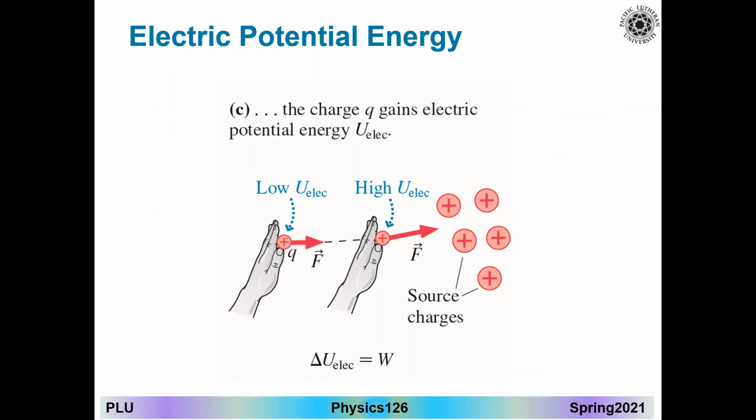Let's move the positive charge from a certain position, a certain distance, to a new place, which goes from low energy to high potential energy. That's the work that we have done, the delta, or the difference between the start and the end point that you carry the charge to.